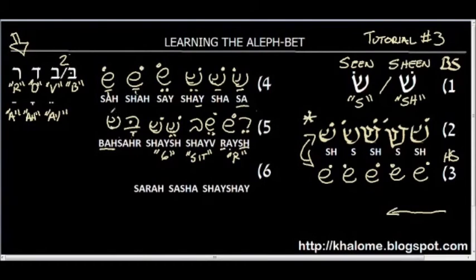Here we're going to use the sin dot, or top left, and chamatz, and then end that with resh. And that simply means meat, like the meat you would eat. I didn't spell that right, left the T out. Meat. Okay.